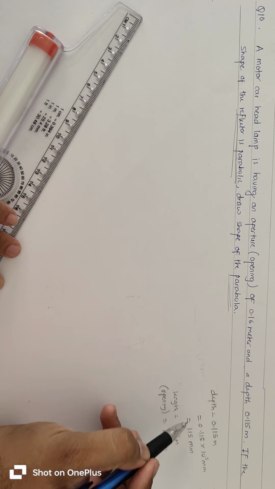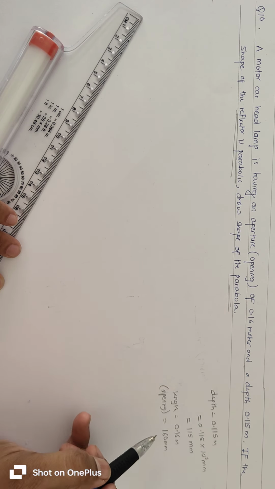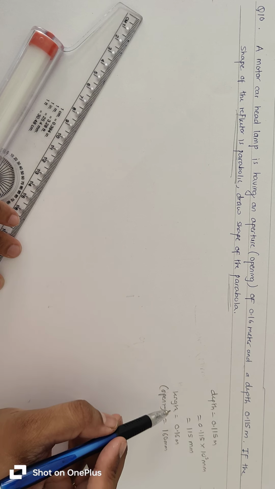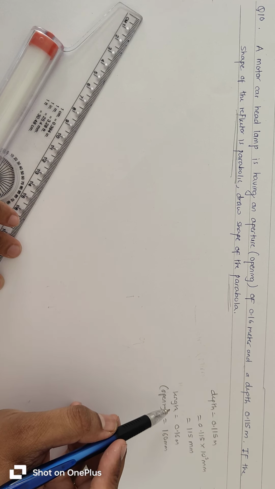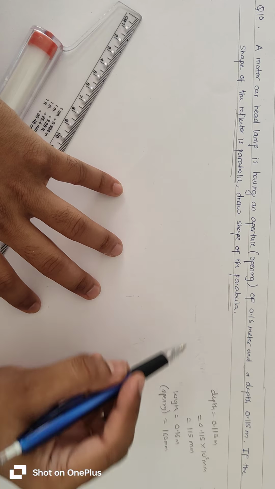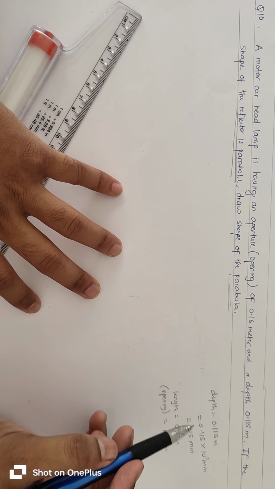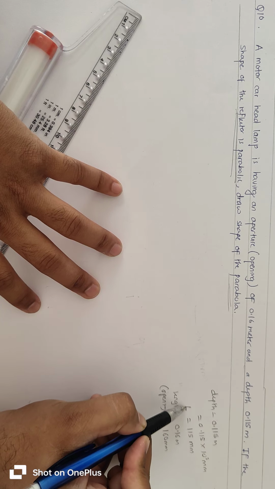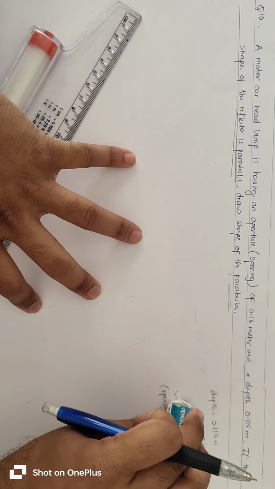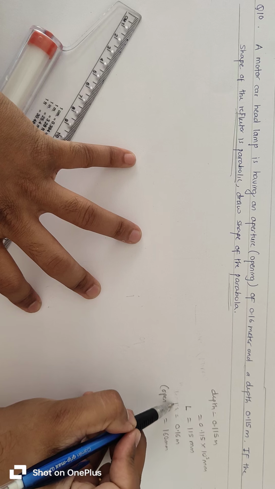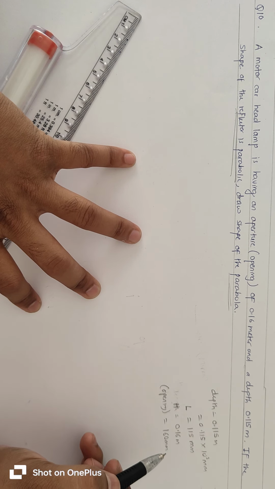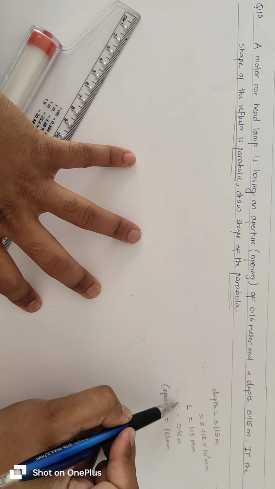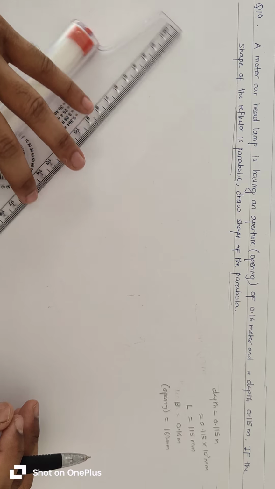So here the length and height. Depth is horizontal, so I will write depth as length and this part as height. Height is 0.16, or you can take length and breadth.